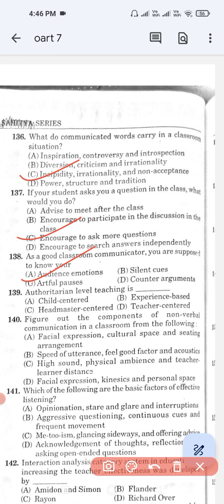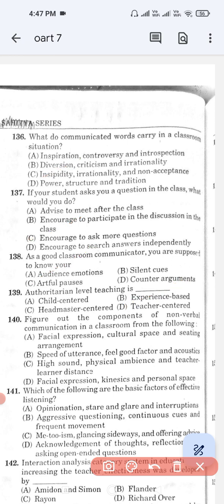Now question number 139. Authoritarian label teaching is option A, child centered, option B, experience based, option C, headmaster centered, and option D, teacher centered. So teacher centered, option D is the correct answer.